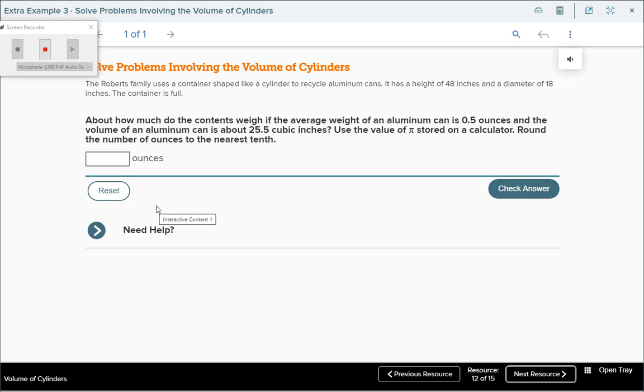If you divide that by 25.5, what did you get? We got about 478. Is that about right? But then what do you have to do with that? Multiply by 0.5. Good. Does this make sense?